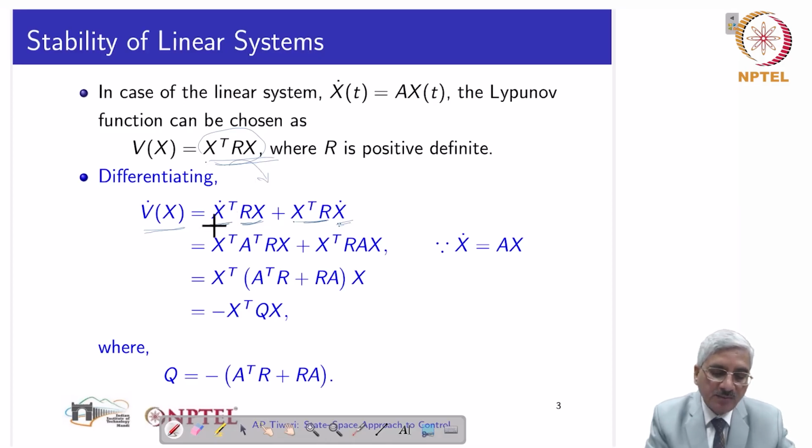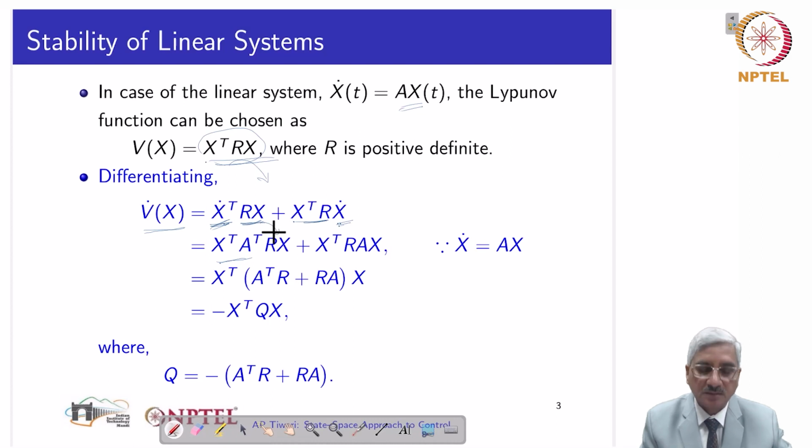Now in this we make a substitution. x dot is Ax, so x dot transpose is x transpose A transpose, and then Rx we bring as it is. Similarly, in x transpose R x dot, here again x dot we substitute as Ax. So we have x transpose R Ax. Now we separate out on the left x transpose and on the right x, and we are left with A transpose R plus RA in between.